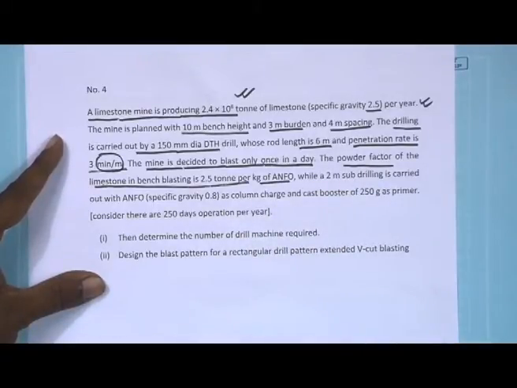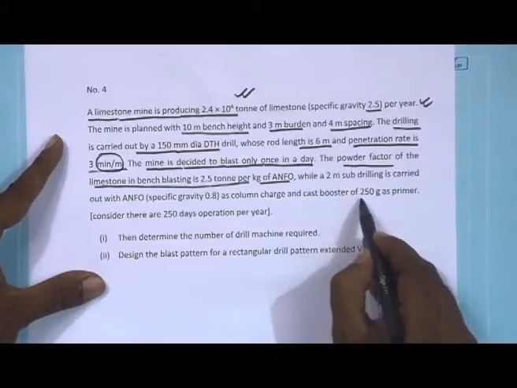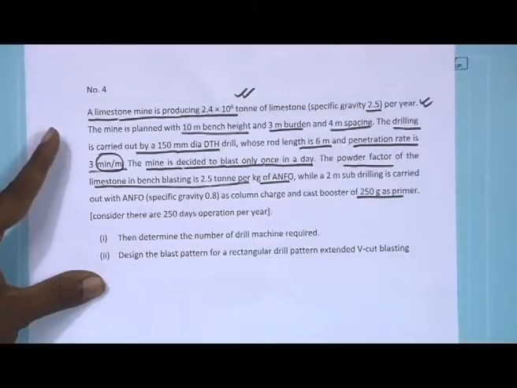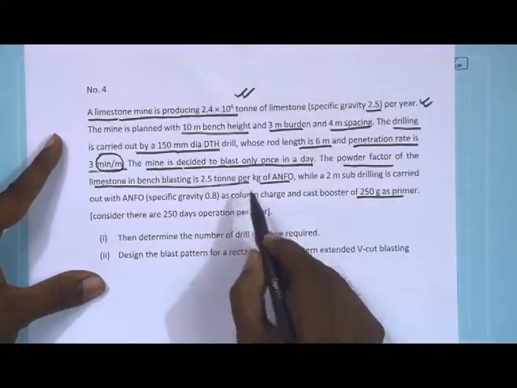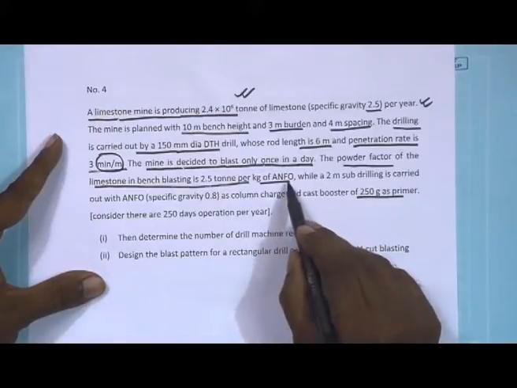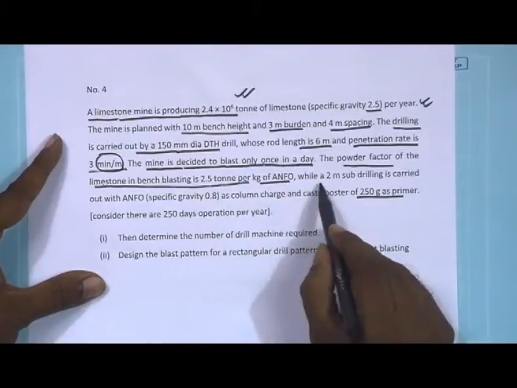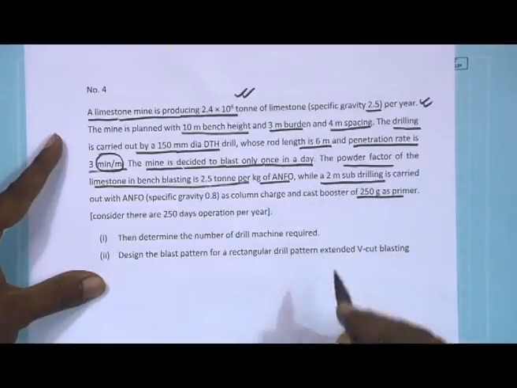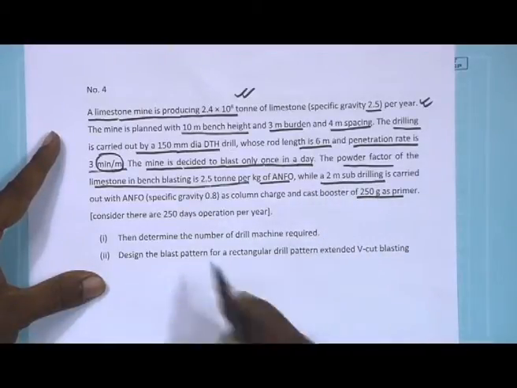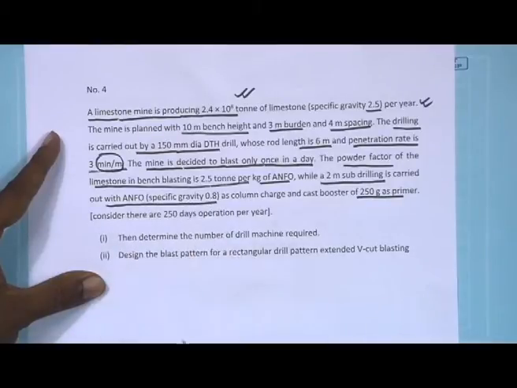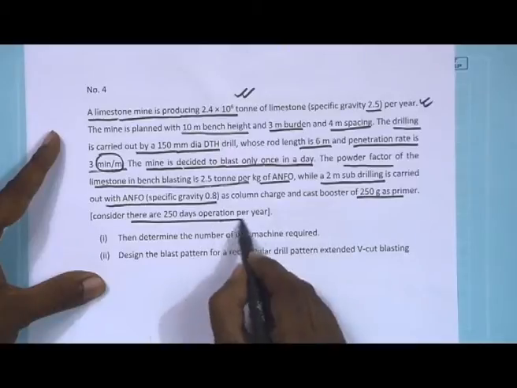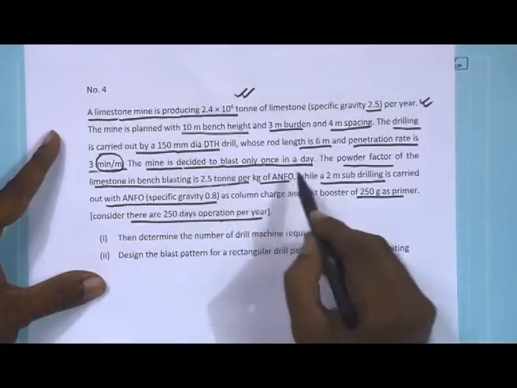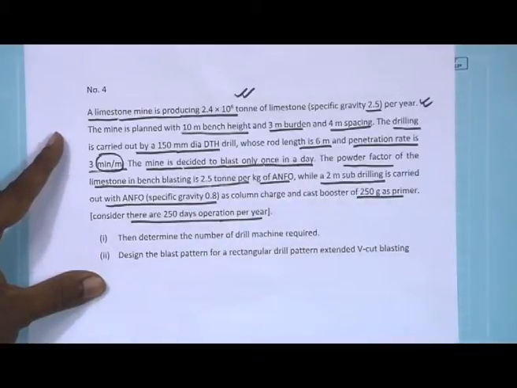The primer charge is not considered; as written here, 250 gram primers are used for initiating the blast, which is not included in this powder factor. 2 meters of subdrilling is required, which is also mentioned, and specific gravity is also mentioned. It is given that there are 250 days of operation, so that we can determine the daily production target.